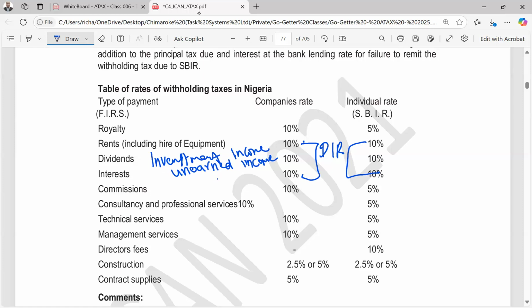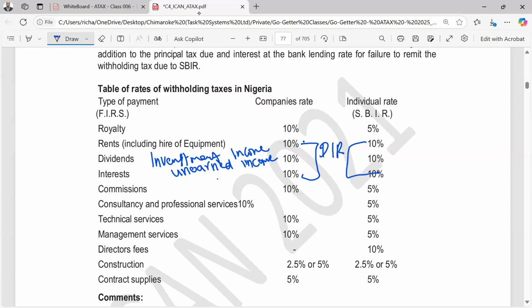Now, this unearned income is different from business income in the sense that you can sit down without working and you are receiving rent. Sit down without working, you receive dividends. Sit down without working, you receive rent.